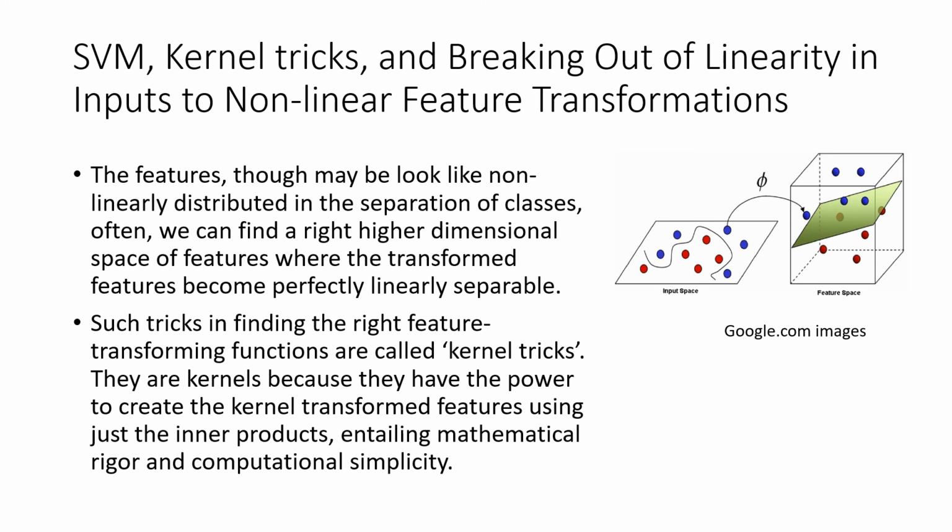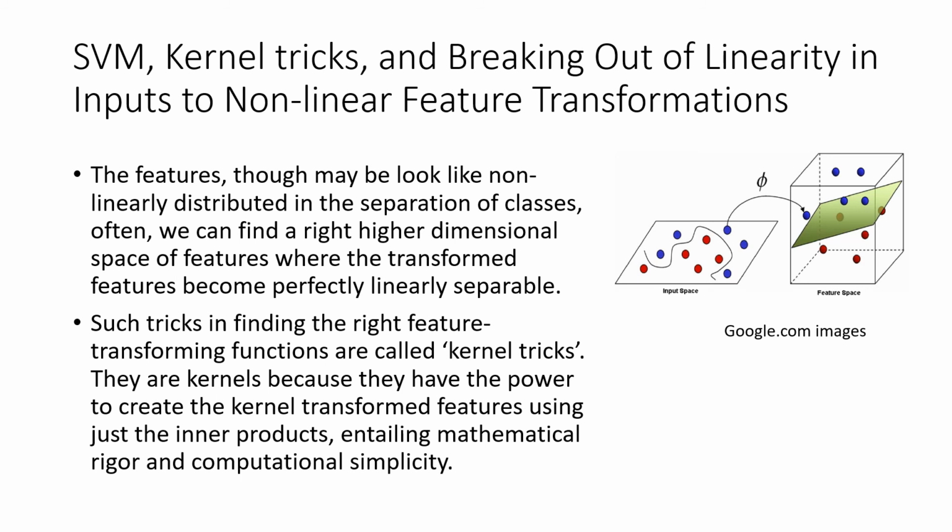These are called kernel tricks. We will use some tricks which transform the input space into a feature space, where, even though it looks non-linearly separable in the input space, it turns out to be linearly separable in the feature space. So how do we break out of linearity in inputs to a non-linear feature transformation is what I want to talk about.